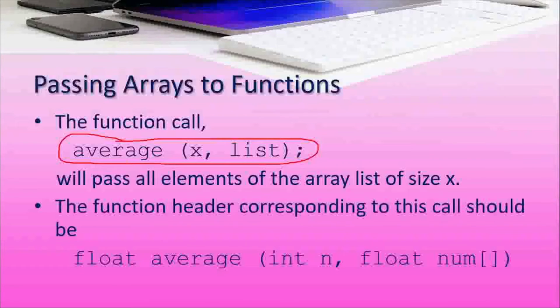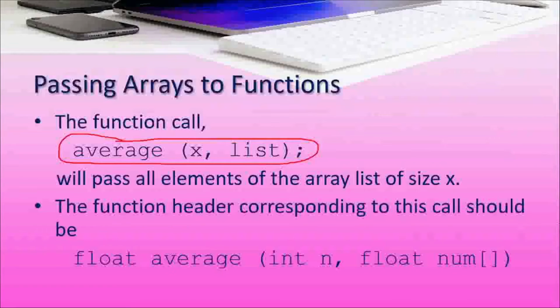The parameters used are x, an integer which represents the number of elements within the array list, and list, the array. So this is how a function takes the entire array as its parameter.